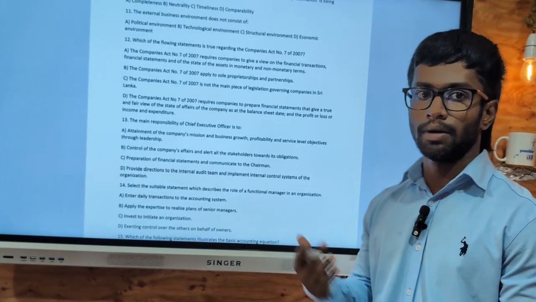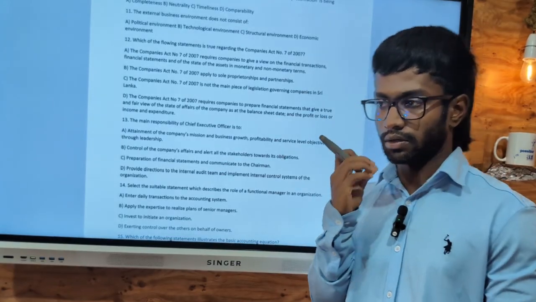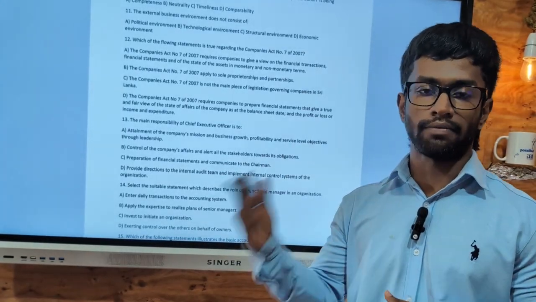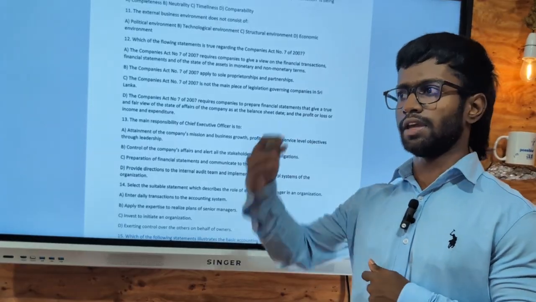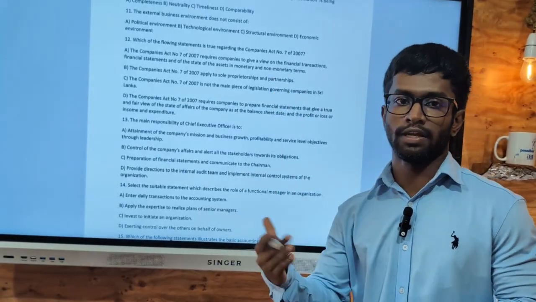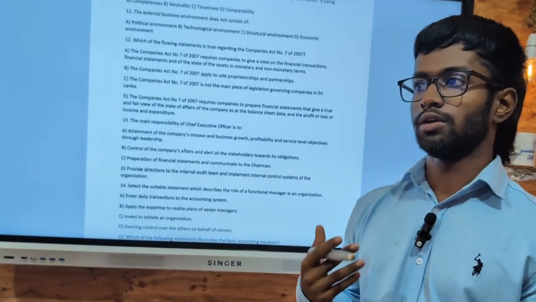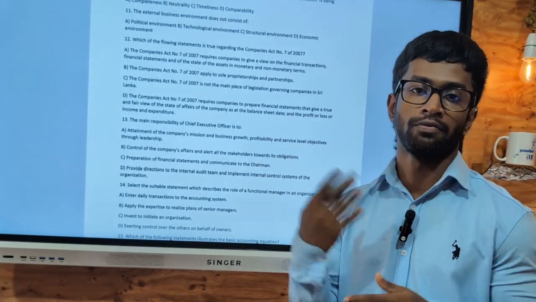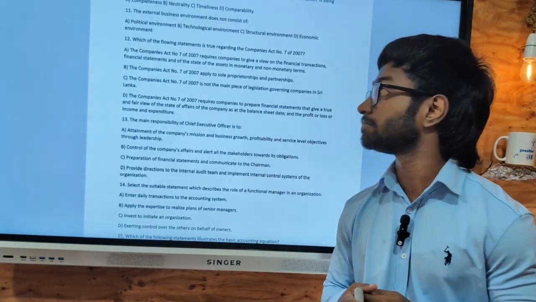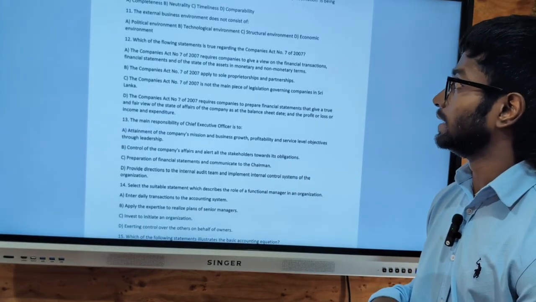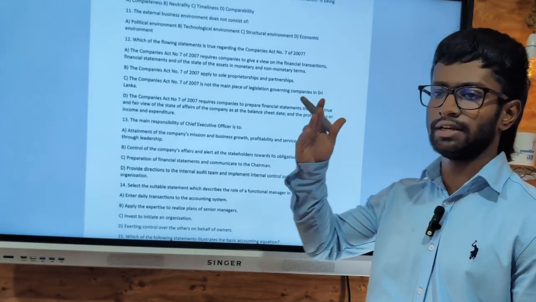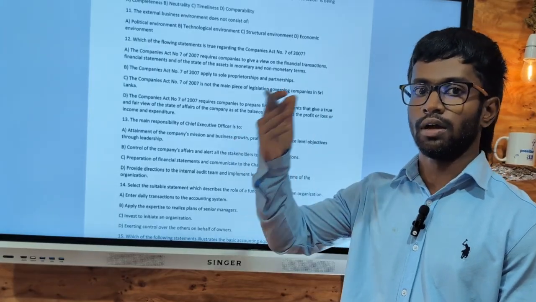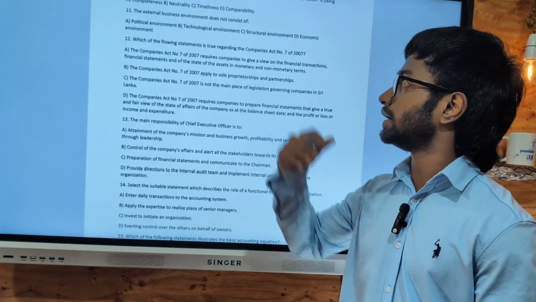I hope you remember when we were doing qualitative characteristics, we have two fundamental, relevance and faithful representation. Under that, faithful representation is where you can't overstate or understate values. We have to present faithfully. From the word itself you can get an idea. So we had three sections under faithful representation: completeness, neutrality and free from error.